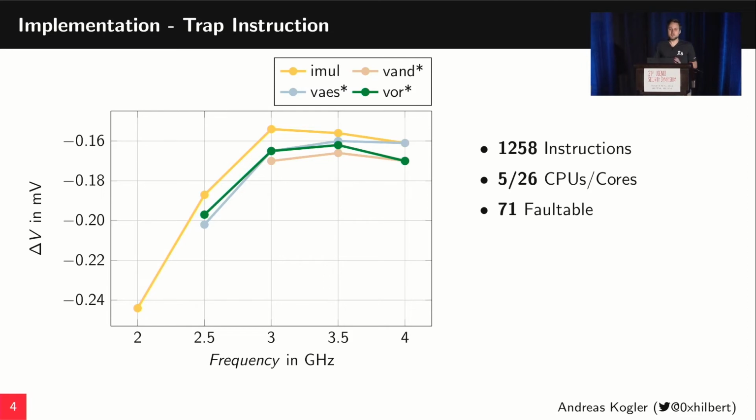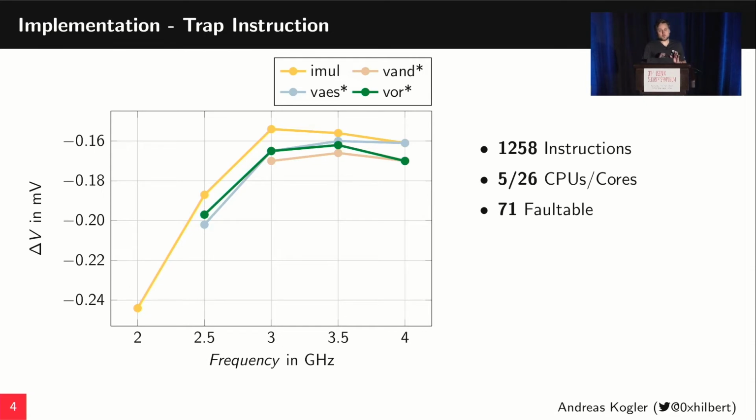We can see here on the left the graph where we have on the x-axis the frequency domain, and on the y-axis the amount of undervolting offsets we apply. And we can see across the frequency axis that the IMUL instruction is the instruction that faults the earliest. So these are the faulting points when we saw the first fault during undervolting.